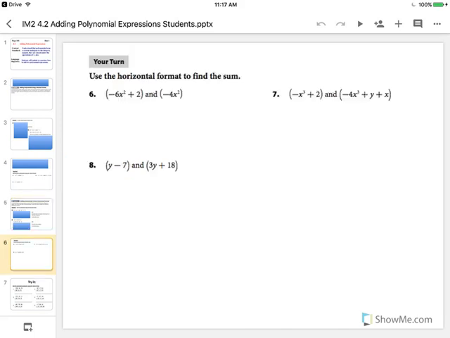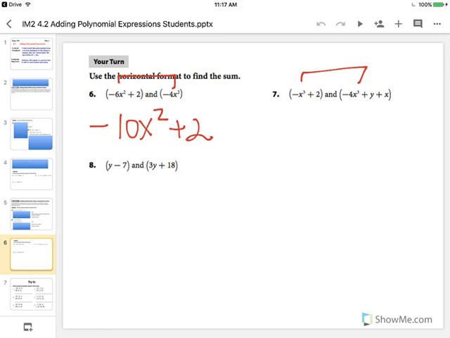Right, so let's try this. So for number 6, we use the horizontal format to find the sum. So instead of using the parentheses, I like to use this to show that these two are like terms, so we can combine those. So this gives us negative 10x squared plus 2. Okay, and then we can use these two.